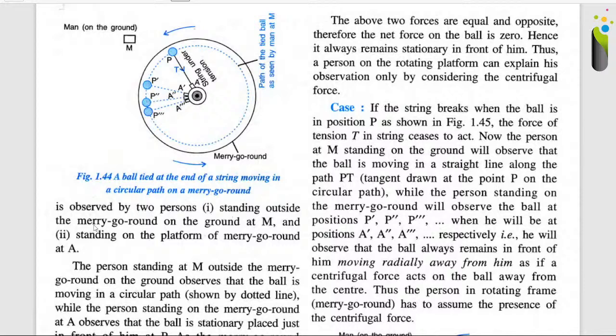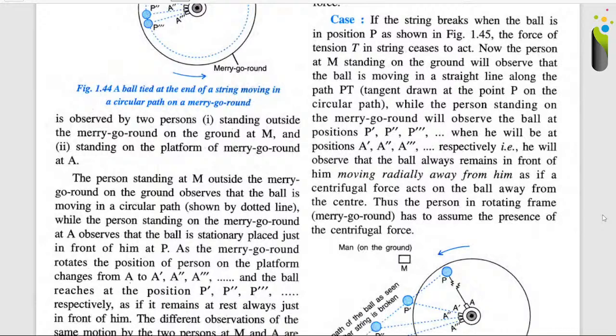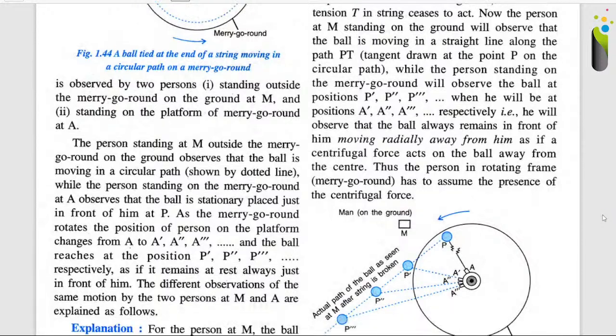Thus, a person on the rotating platform can explain his observation only by considering the centrifugal force. Now, consider the case. If the string breaks when the ball is in position P, as shown in the figure 1.45, the force of the tension T in the string ceases to act.